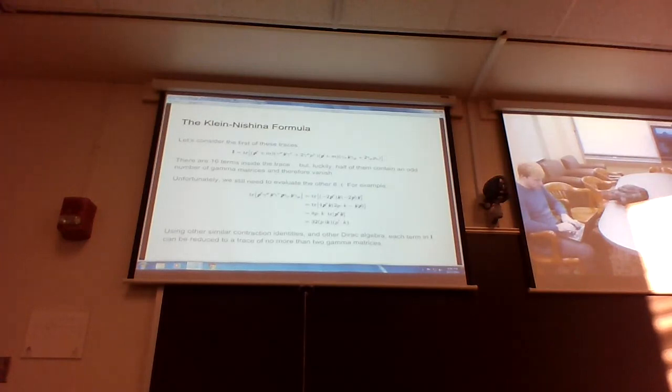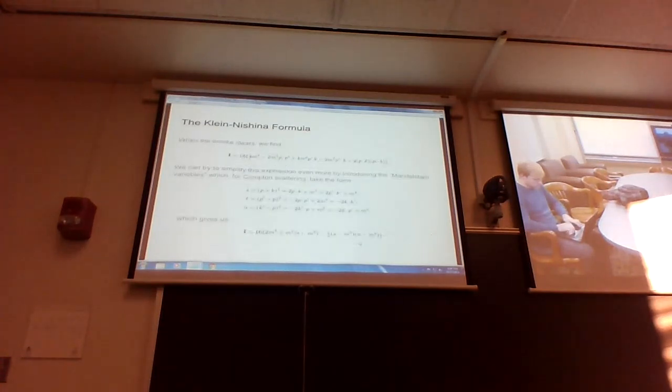You can use similar contraction identities, and some Dirac algebra to reduce some stuff. What you find is that each term in this trace 1 can be reduced to a trace of no more than 2 gamma matrices. So it behooves you to do some work before you try to take these traces. And when the smoke clears, you find that this trace 1 can be written like this.